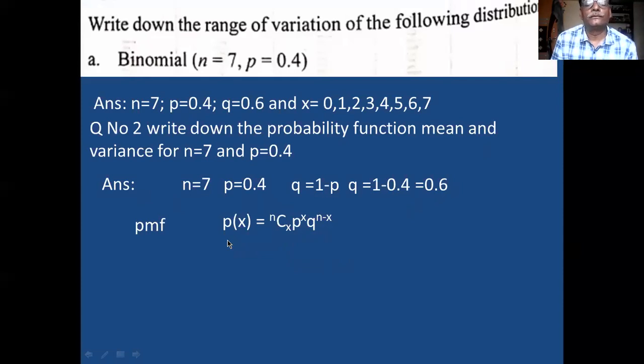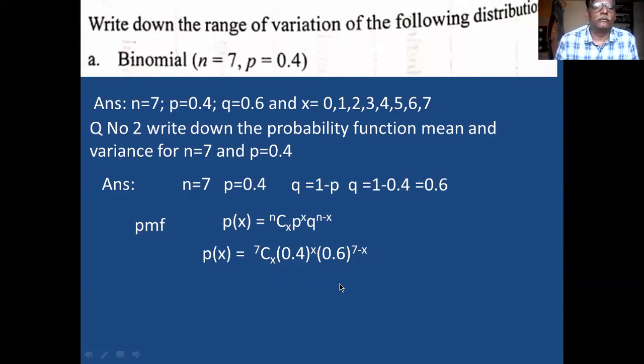This is the equation. This is called the probability mass function. In this probability mass function, you write the values of p, q, n. So probability of x is equal to 7Cx, p is 0.4 raised to x, q is 0.6 raised to n minus x, that is 7 minus x.